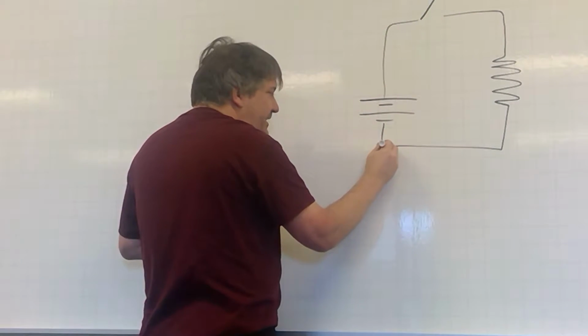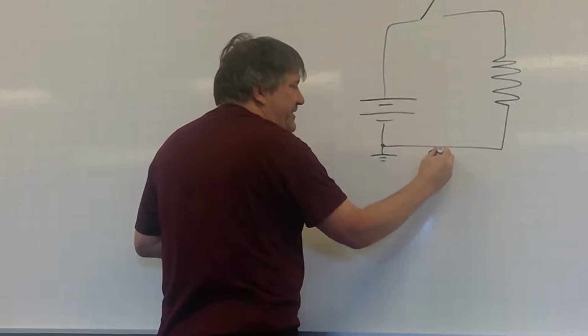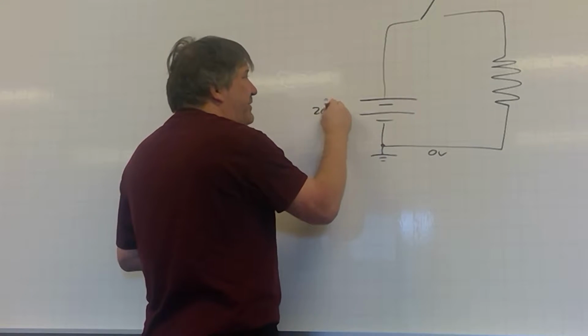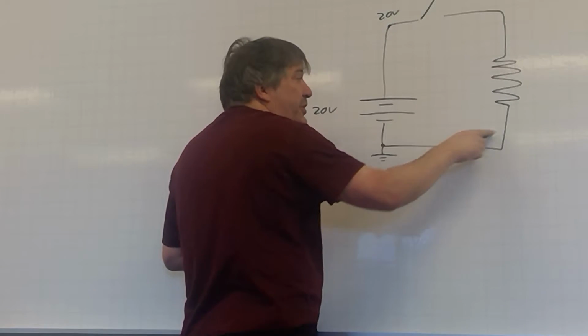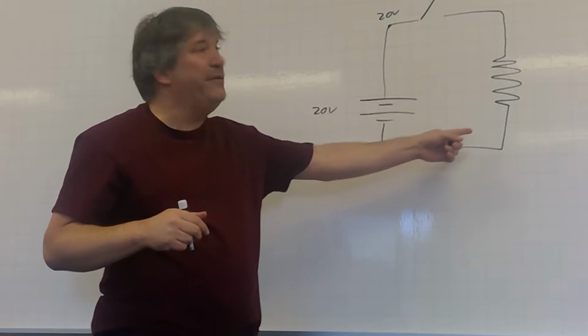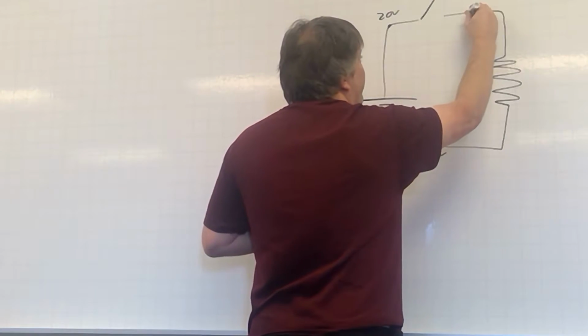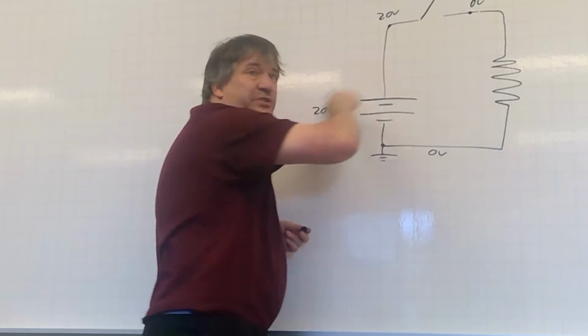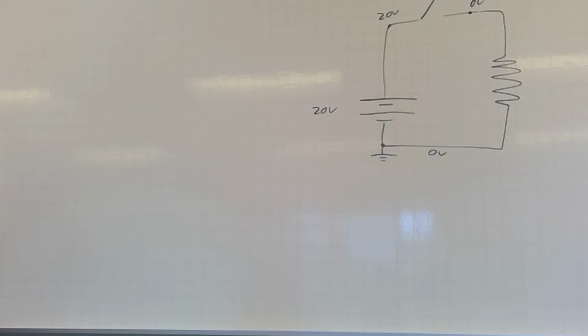Well, if I define this node as my ground node, then this node by definition is 0 volts. If this is a 20-volt battery, then this node up here by definition is 20 volts. And since there's no current through the resistor, there's no voltage drop across the resistor, so this node up here is also at 0 volts. So an open switch can totally have a voltage drop across it. Open switch doesn't mean the voltage drop is 0, it just means the current is 0.